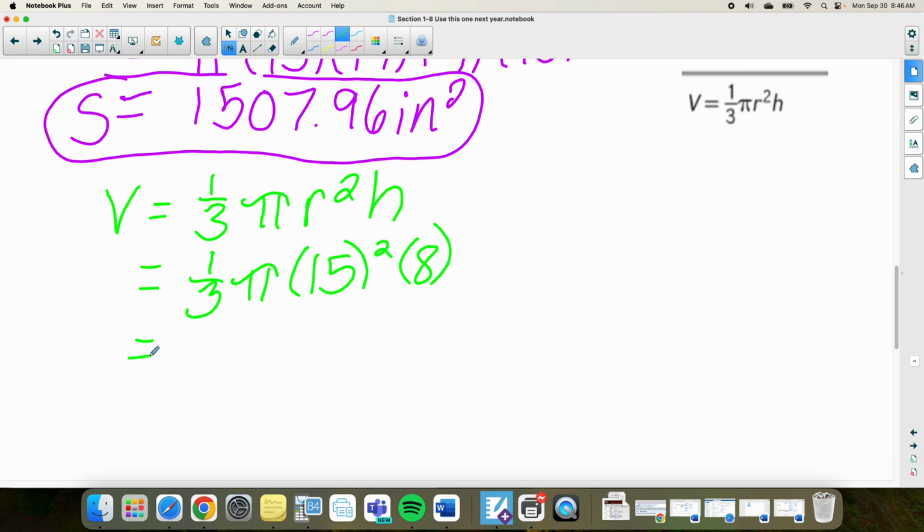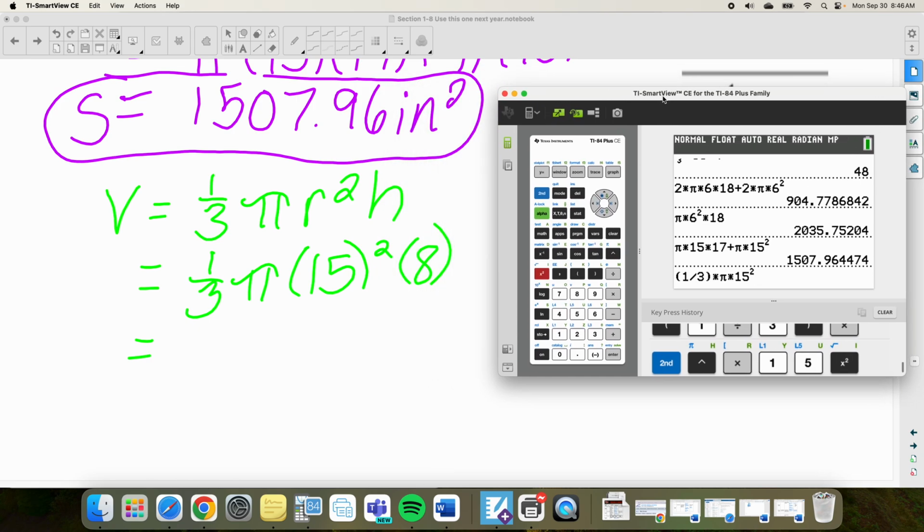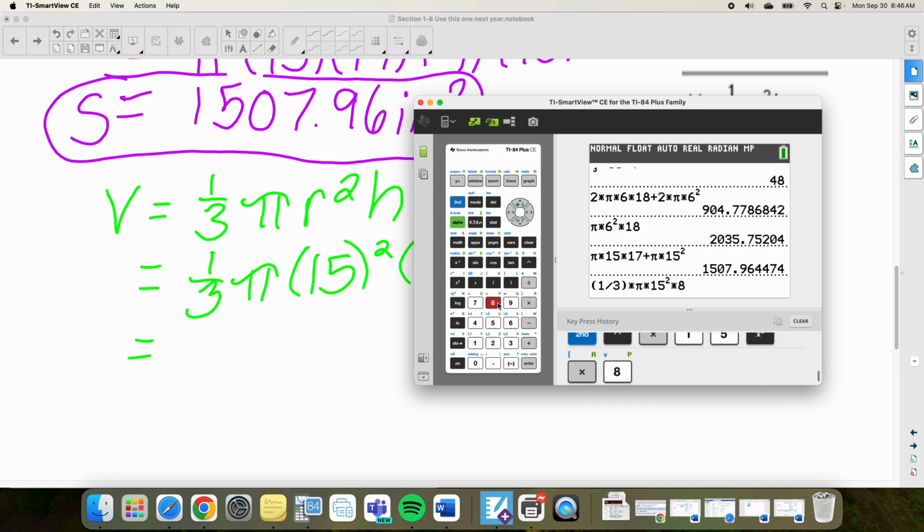Again, when you put that into your calculator, you can use parentheses, 1 divided by 3 in parentheses, or if you have the CE version, you can do that fraction by going alpha and then the fraction key. So 1/3, I'm going to use the parentheses, times pi, times 15 squared, times 8.